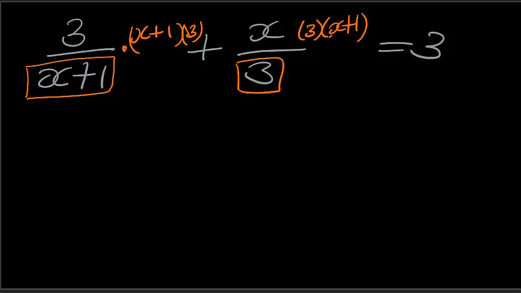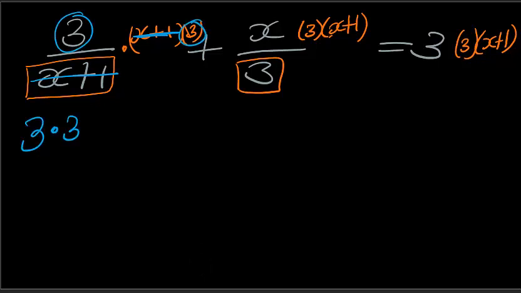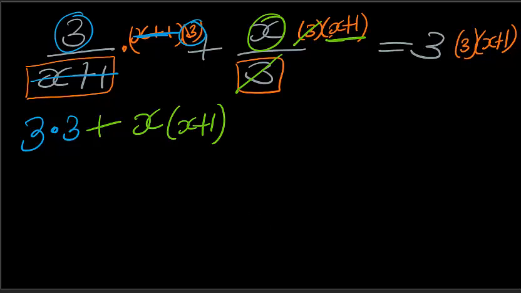So now I'm going to cancel x plus 1 with x plus 1, so I'm left with 3 times 3, and 3 and 3 cancel, so I've got x times x plus 1, and my last one is 3 times 3 times x plus 1.